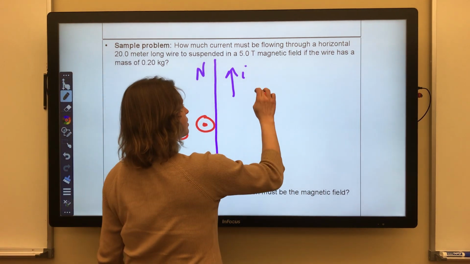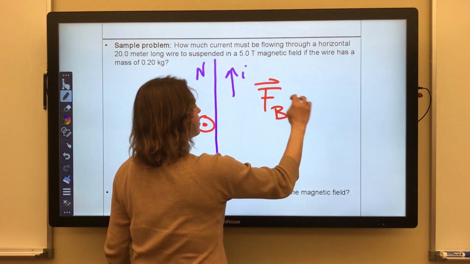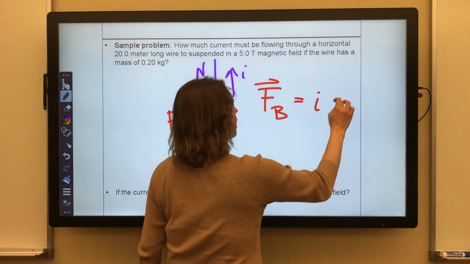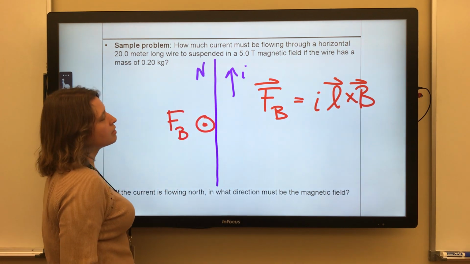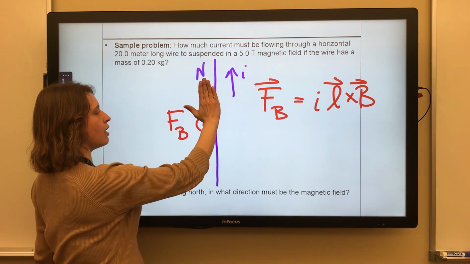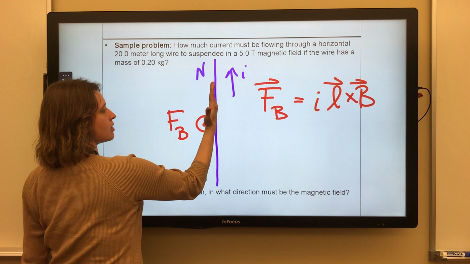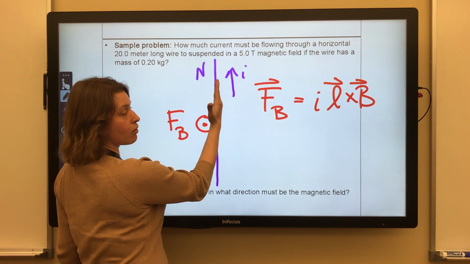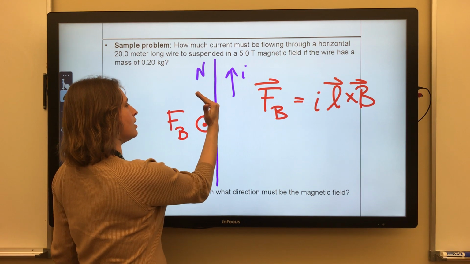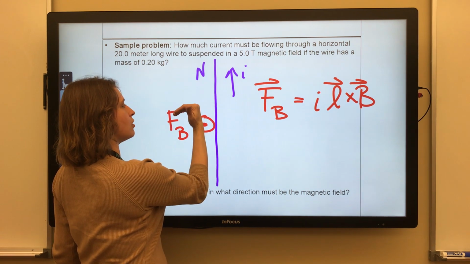So remember that magnetic force is I, L cross B. So if the current is that way, I'd like the force to be directed that way, so I want my result for my cross product to be pointing outward. I need to have magnetic field pointed this way.